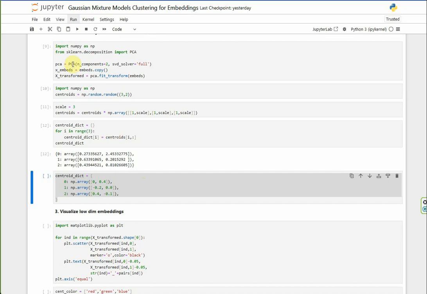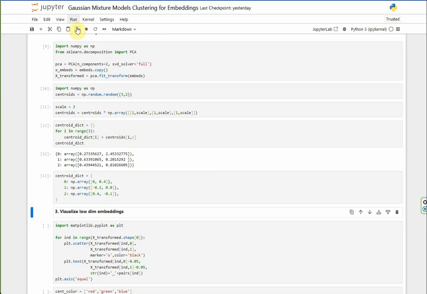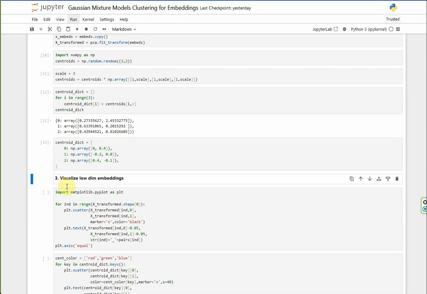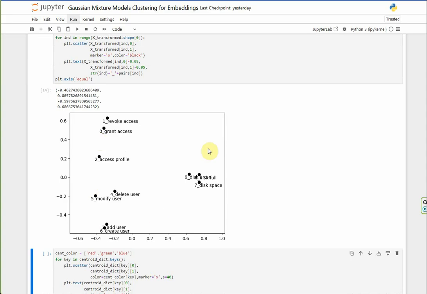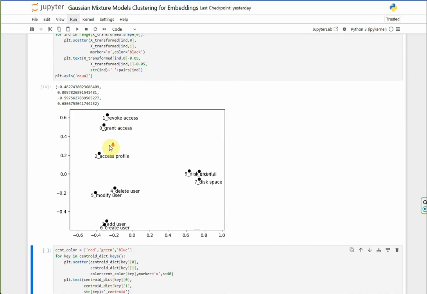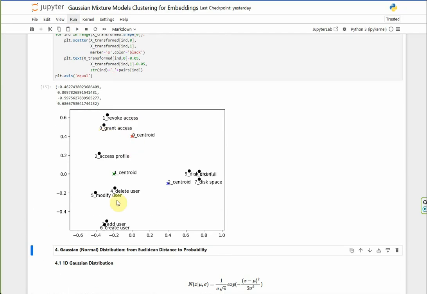You can create them randomly, or as we did in our previous video, we will select some good centroids at the very beginning. Then we can visualize our data. So these are our embeddings with assigned pairs and their index of the pair in the list. And finally, we can visualize it together with the centroids.